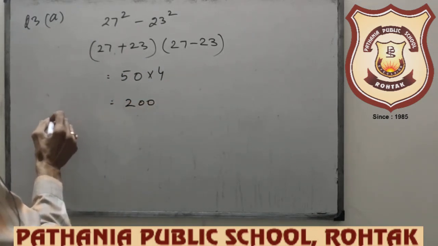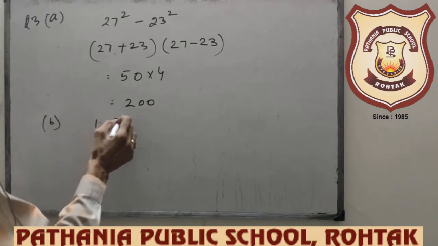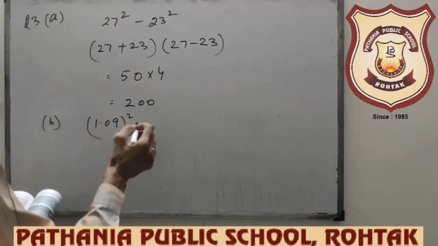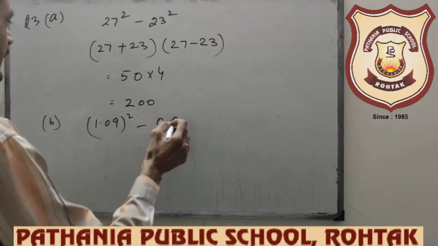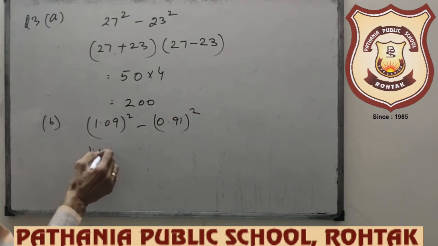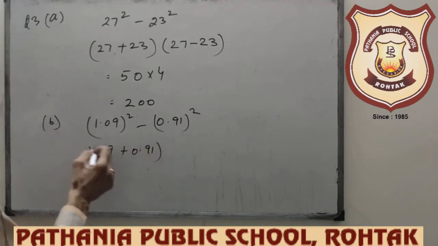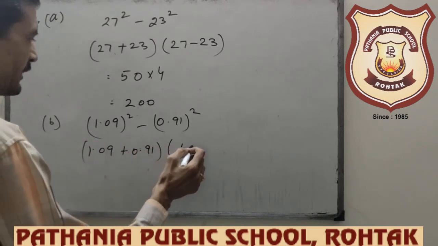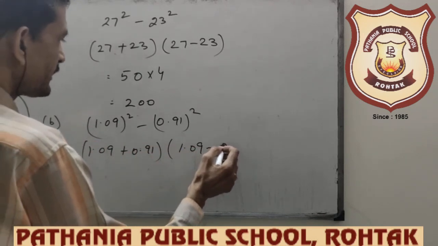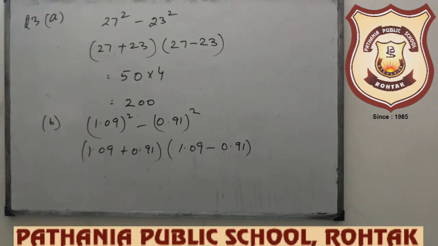Or if anything is in decimal, just like in B part, 1.09 whole square minus 0.91 whole square, apply the same identity, 1.09 plus 0.91 into 1.09 minus 0.91. Use this in the same way.